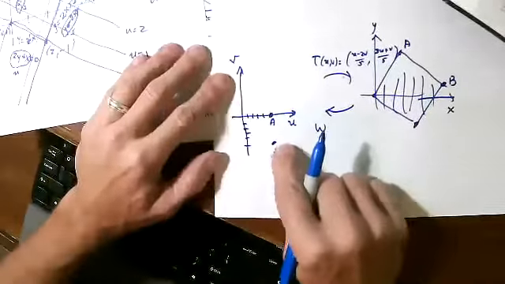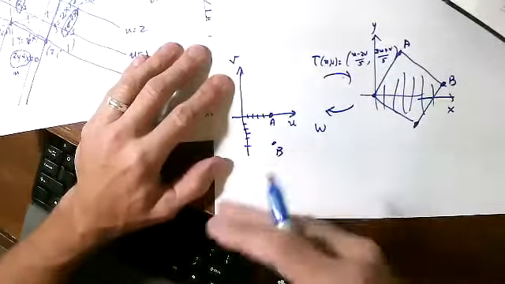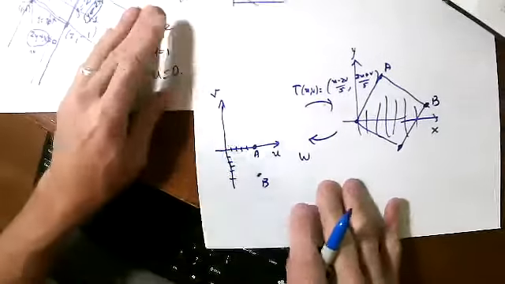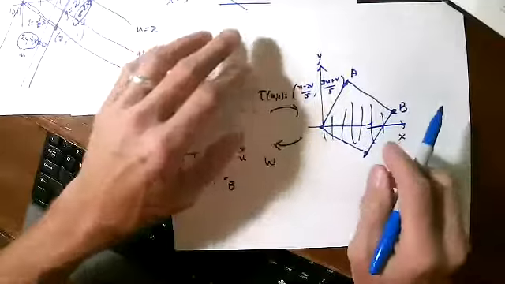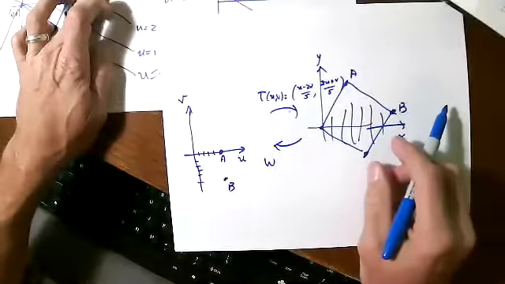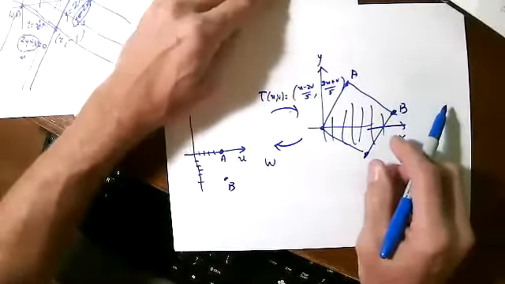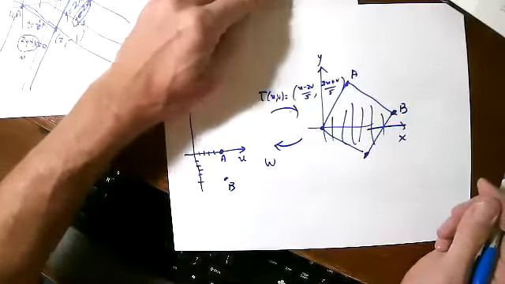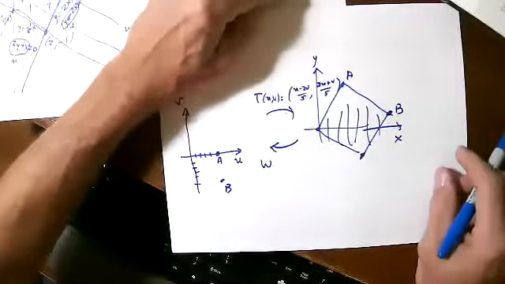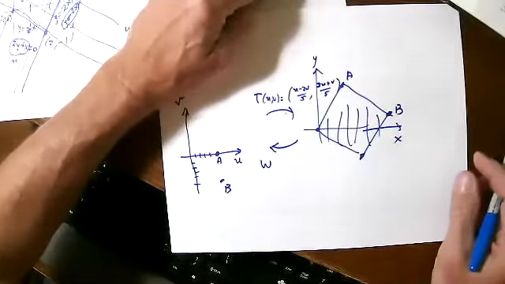Now let me pause for a second on this point to show you something else you could do, and some students find this to be easier. Sometimes the x and y coordinates are given to you in terms of the new coordinates, the u and the v.